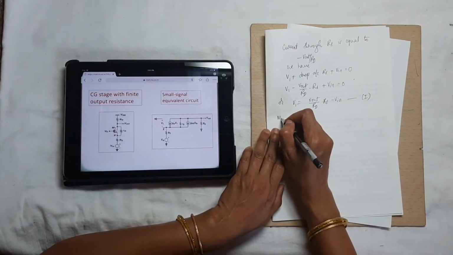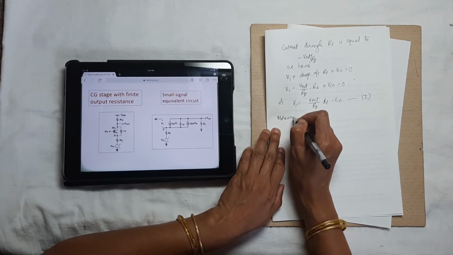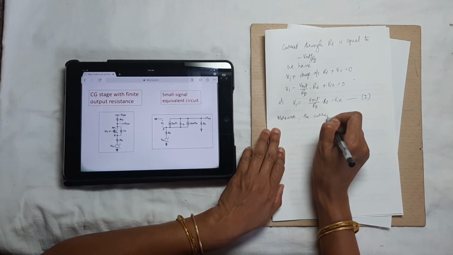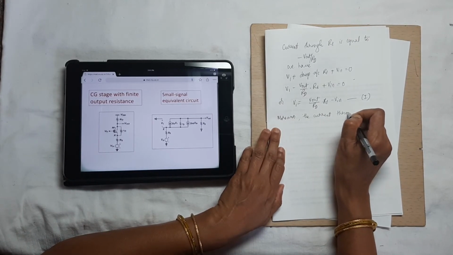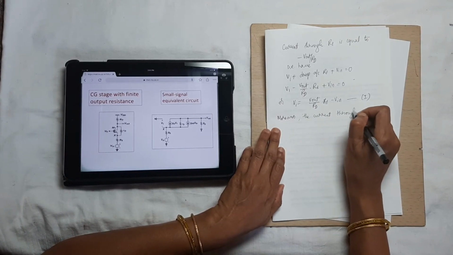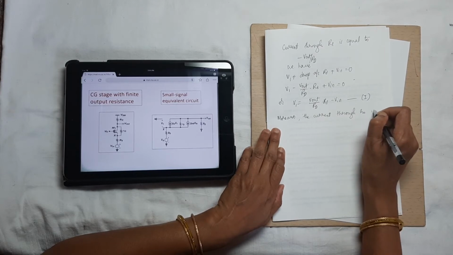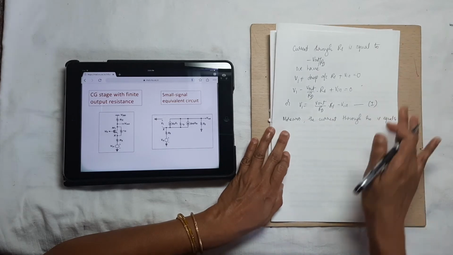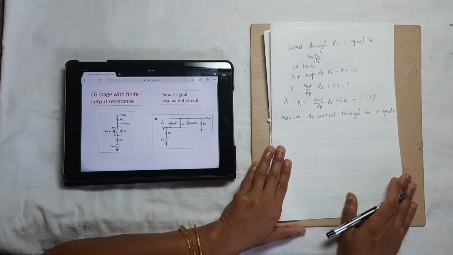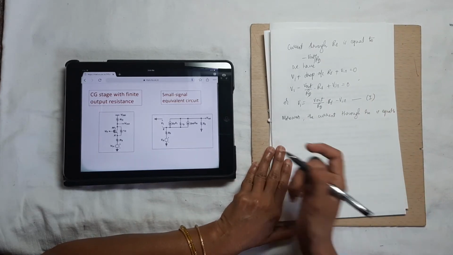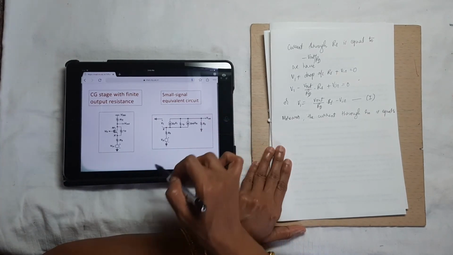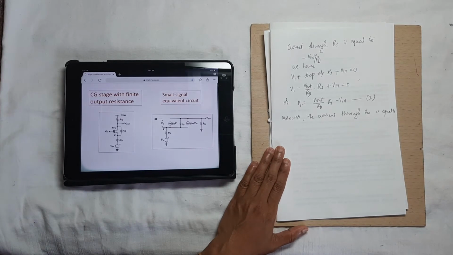Moreover, the current through RO is equal to, what is the current through RO now? We need to find the current through RO. When we get the current through RO, then we will get the total voltage drop within the loop.